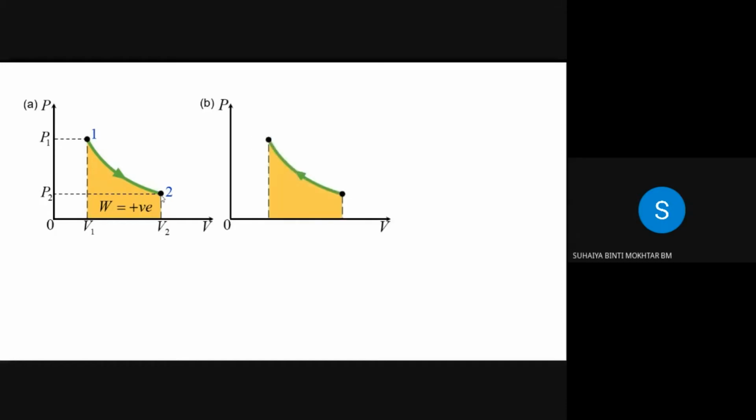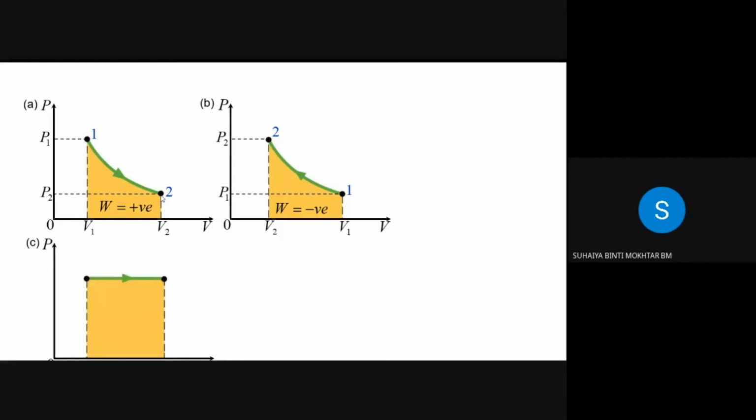Second case, isothermal but compression. So work done should be negative. Volume decreases but pressure increases, so you get work done negative.